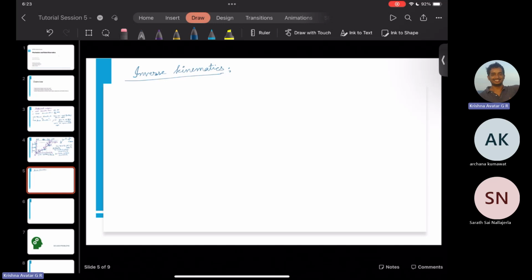So for inverse kinematics, we are given XE, YE, and phi, and we have to determine theta 1, theta 2, and theta 3.